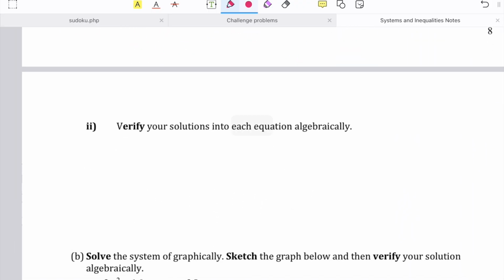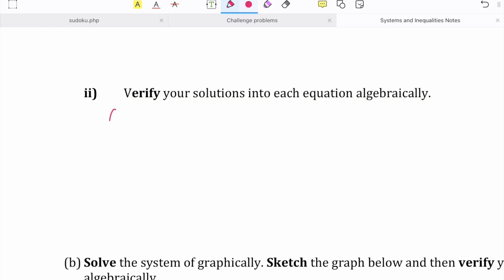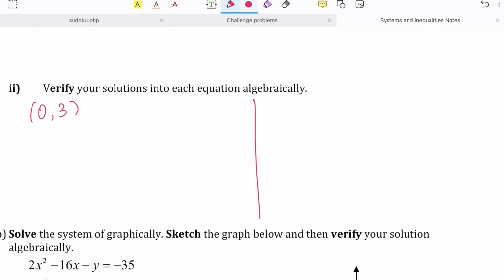In this case, do we have one solution or two solutions? Two. So we'll have to do it for both of them. So we have 0, 3. I'll draw a separate line for -2, -5. Put it in the first equation, 4x minus y plus 3. So replace that by my values.